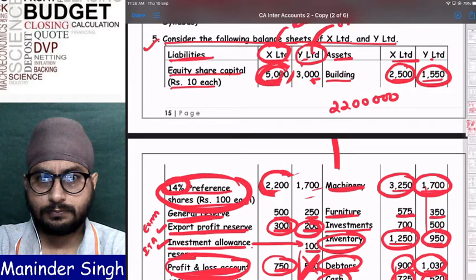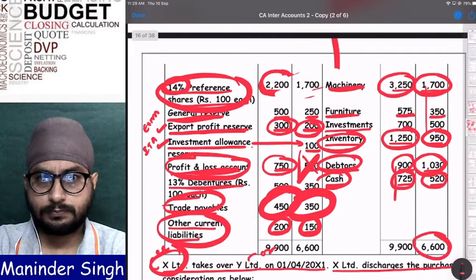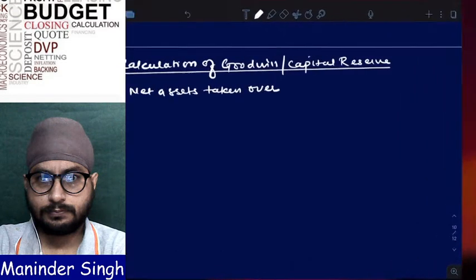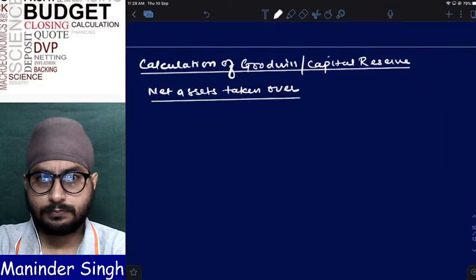Y Limited. So whose assets should I take into consideration? Y Limited's assets. So how much are the total assets? 6600, right? Total assets of Y Limited 6600. Next, outside liabilities.